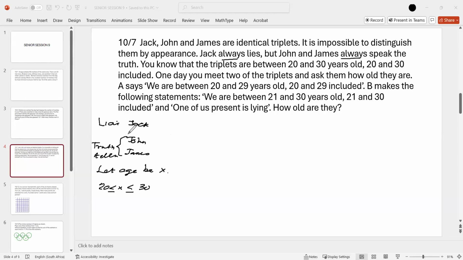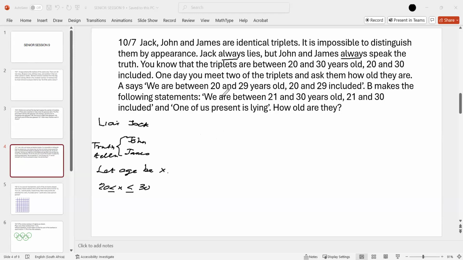So either both of them are telling the truth, or one of them is truth and the other is lie. The fact that they say there's only one person who lies is useful to make some conclusion when you meet 2 people.